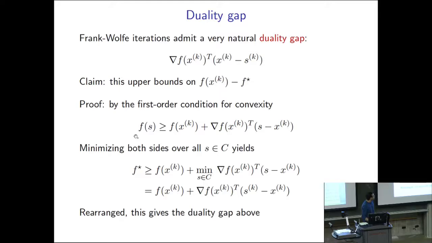The first order condition for convexity tells us the following. Because f is convex and it's differentiable, if I were to make a linear approximation of f around the point xk, compare the criterion at S to the linear approximation at S, then the criterion has to be lower bounded by the linear approximation.